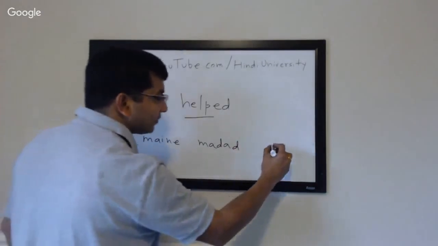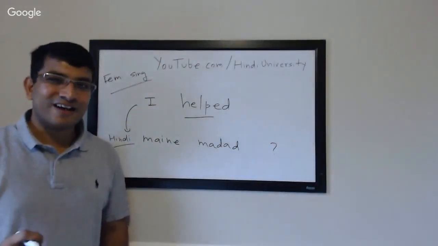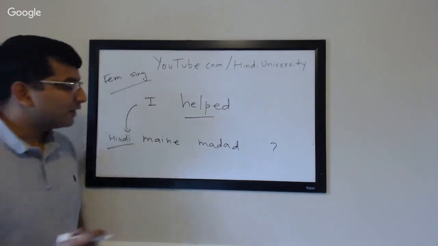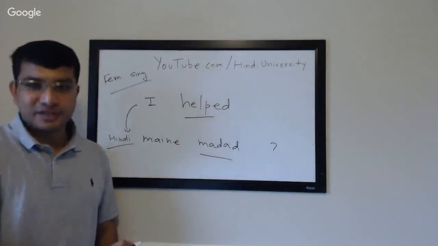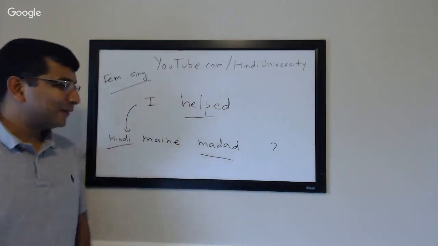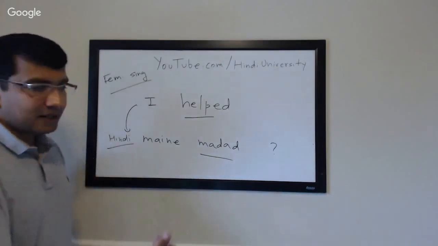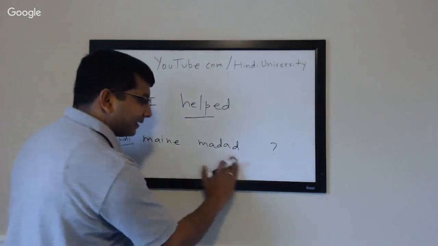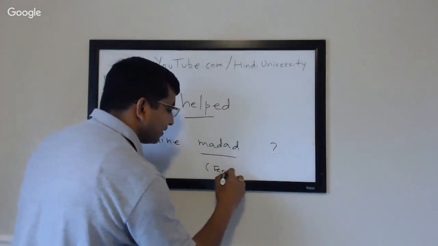Now you will have a question mark. How do I know whether I should use किया or किए or की or की, right? Because you don't know madad is singular, okay? But you don't know if it's masculine or feminine. You can always ask the native speaker you're speaking with, or I can tell you that madad is a feminine singular.